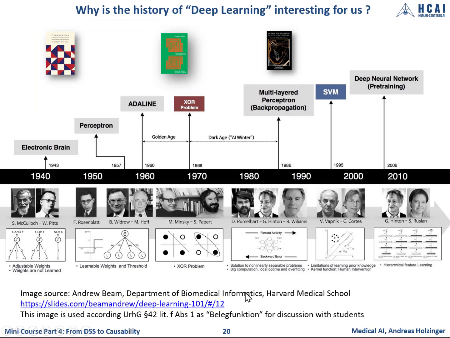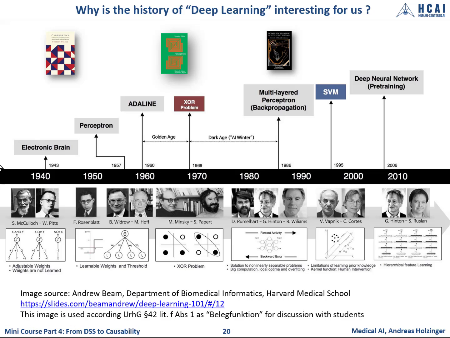Okay, this is a really nice slide by Andrew Beam from the Department of Biomedical Informatics of the Harvard Medical School. Please have a look at it. It shows you in one single slide the history of artificial intelligence, which is closely connected with medical informatics.